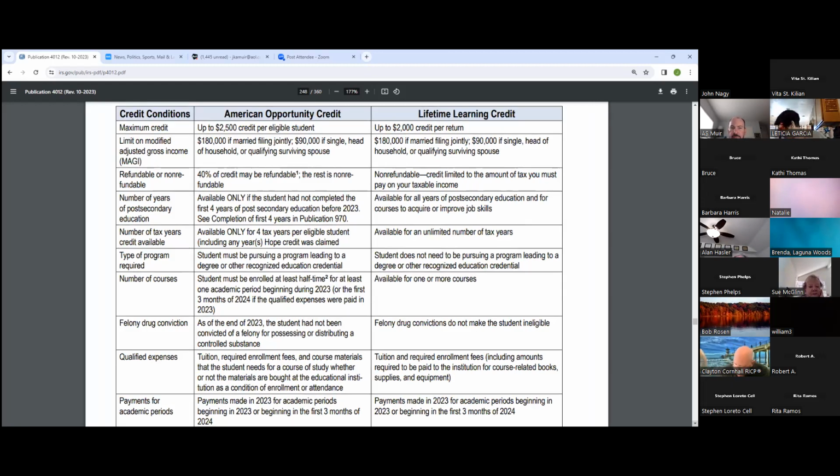Jerry, there's a quick question. Do vocational schools qualify for this credit? The short answer is if you're attending a vocational school and that school participates in the United States Department of Education grant and loan program, then it would be qualified.